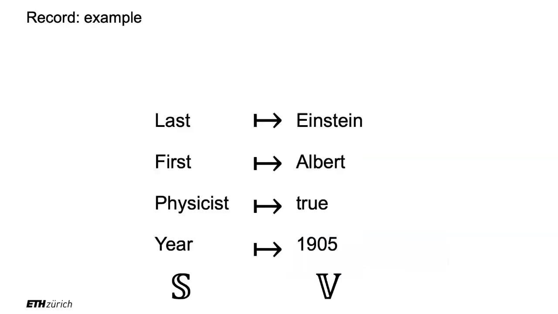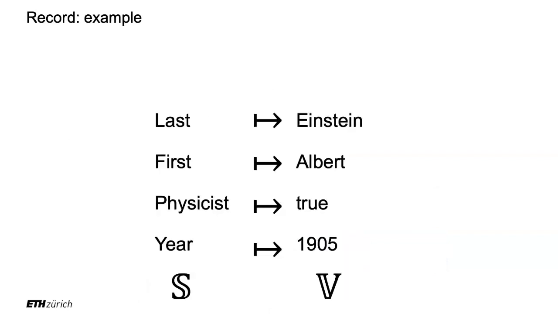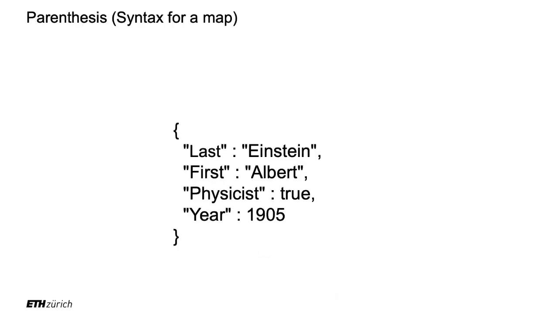This is a visual. It's not exactly the same one, but just to give you a visual, remember, this is what a map is. I just have attributes on the left, and I have values on the right. And every attribute is associated with 0 or 1 value, but not more than 1. Now, we computer scientists, even though we love math and have discrete mathematics lectures in our bachelors, we also like to write it in a syntax called, does anybody know?